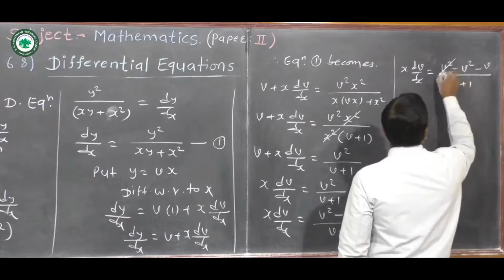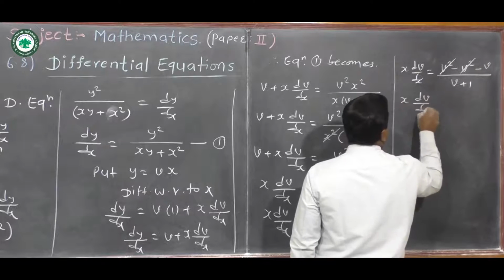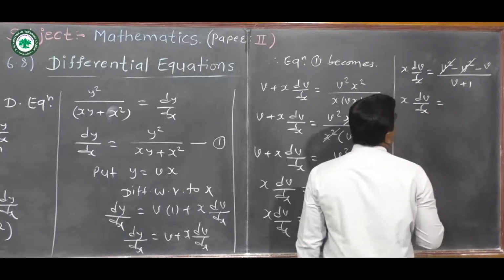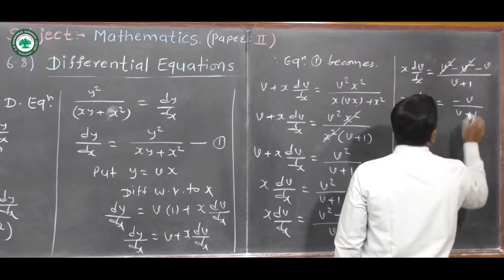This plus v square minus v square cancels, remains only x into dv by dx is equal to minus v upon v plus 1.